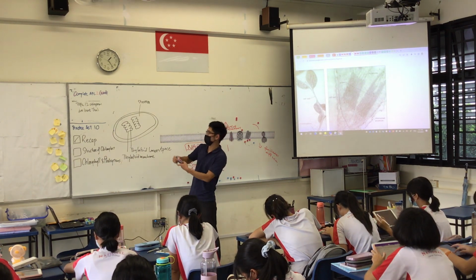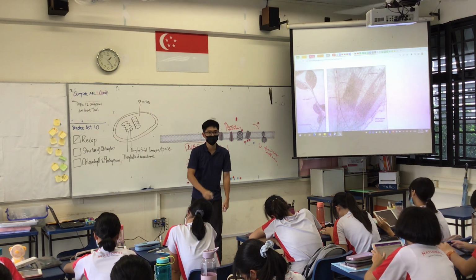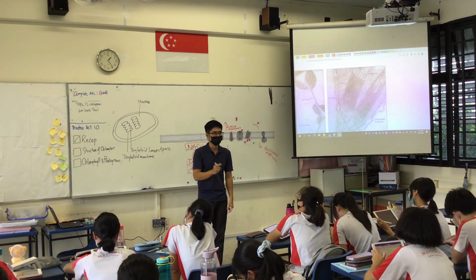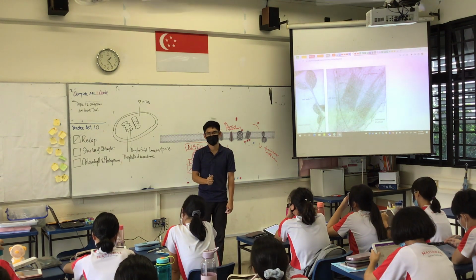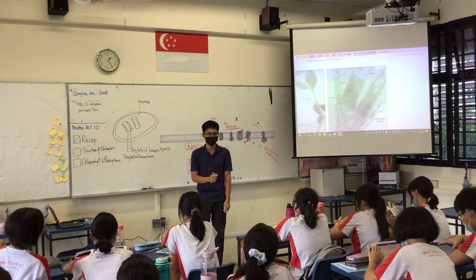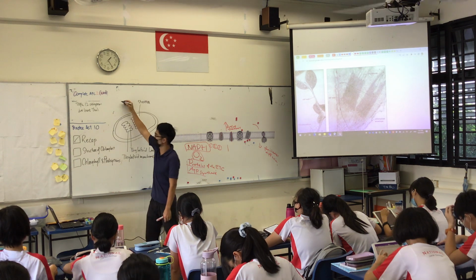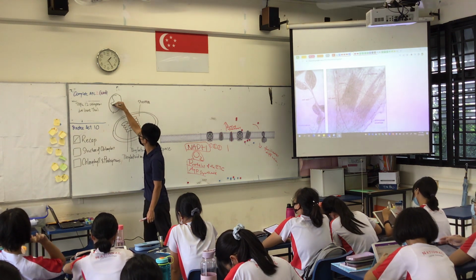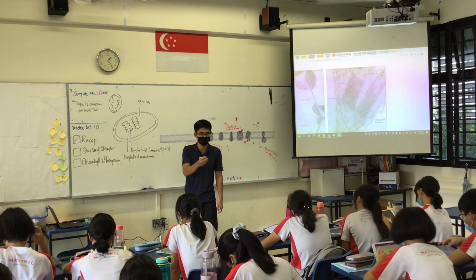Where do you find chloroplasts? In plants. Okay, so here's a question now. You can find mitochondria in plants. Okay, a plant cell. Yes. So plant cells also have mitochondria. Maybe wondering what for? Okay, this is what it's for.